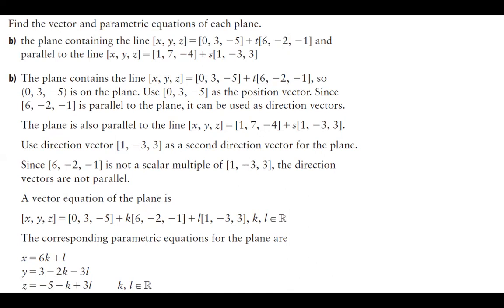And the corresponding parametric equations for the plane are x equals 6k plus L, y equals 3 minus 2k minus 3L, z equals -5 minus k plus 3L, where k and L belong to the real number set. Okay, now do you have any questions? So now you should be able to write the vector equation and parametric equations of the plane in three-dimensional space, okay?